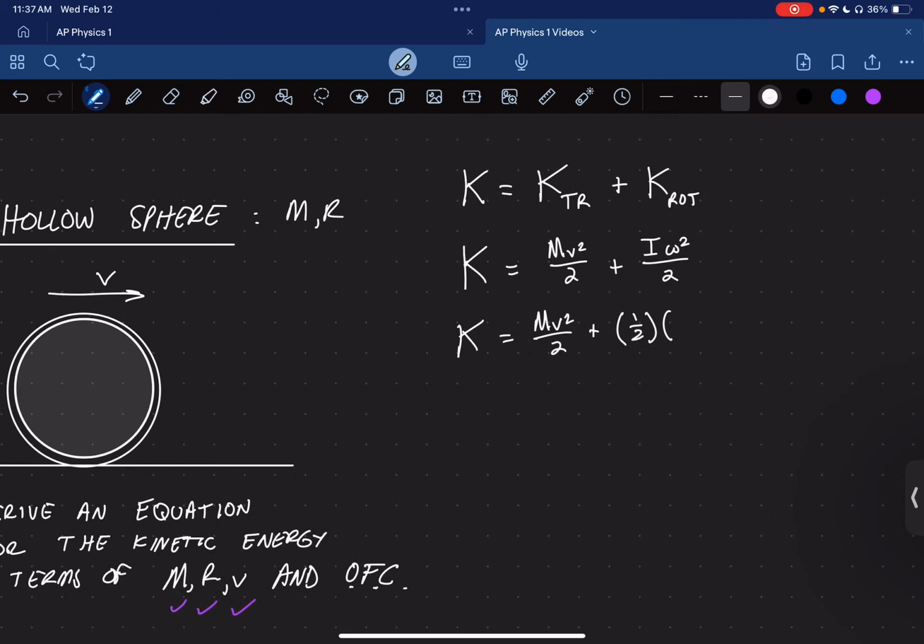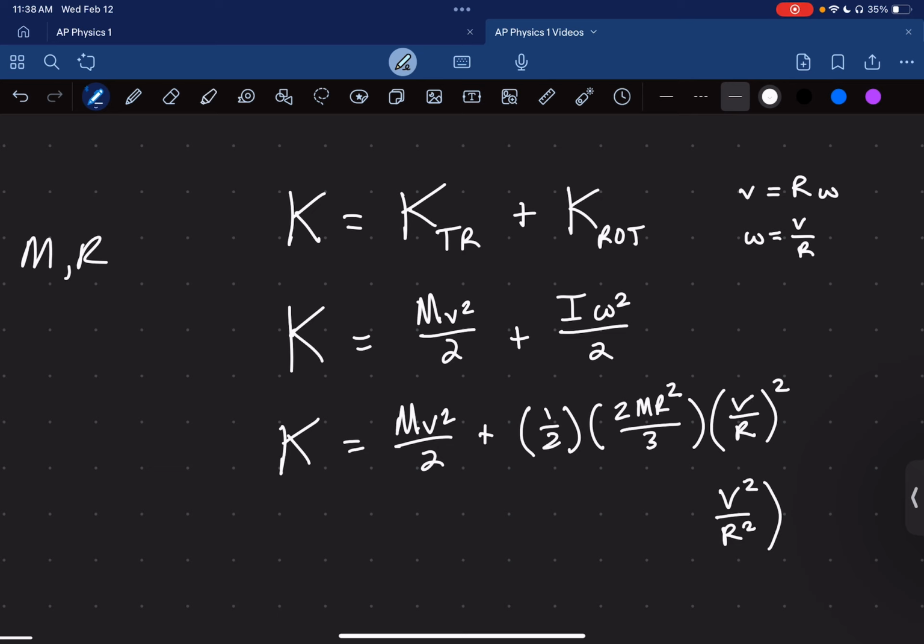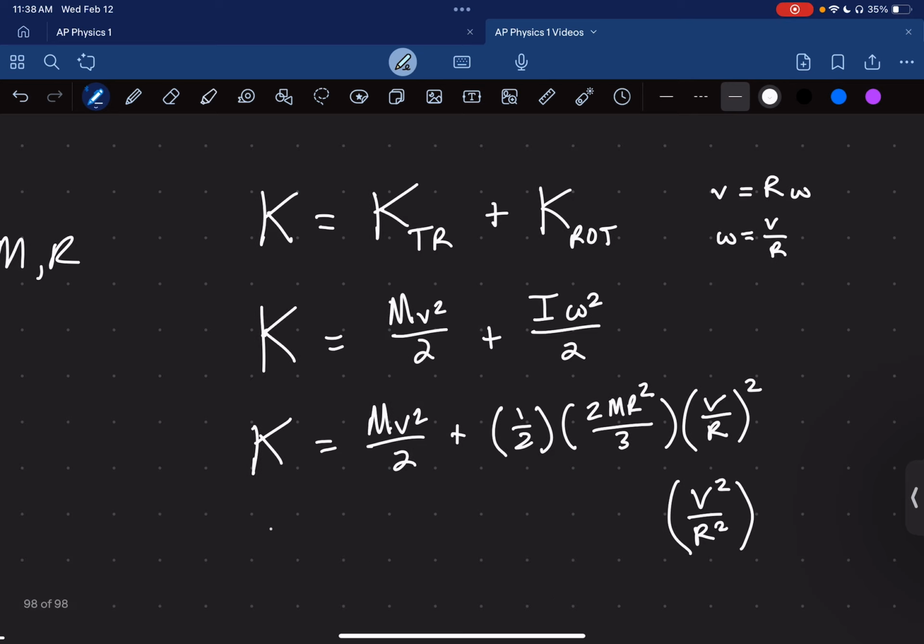And so if we rearrange this for omega, this is v over r, but it's squared. So v over r and this whole thing is squared. Well, v over r squared is v over r times v over r, which is v squared over r squared. So I'll put this here as a little intermediate step.